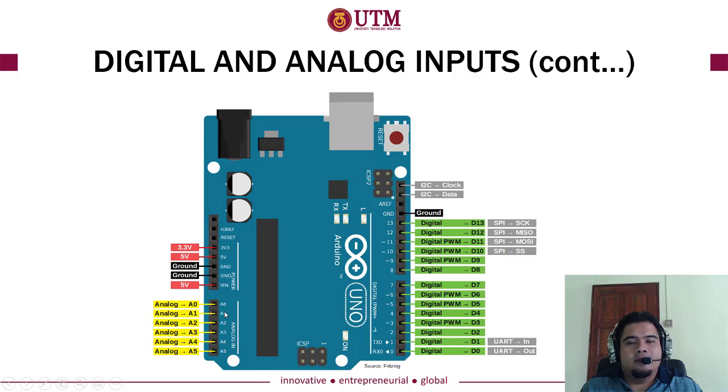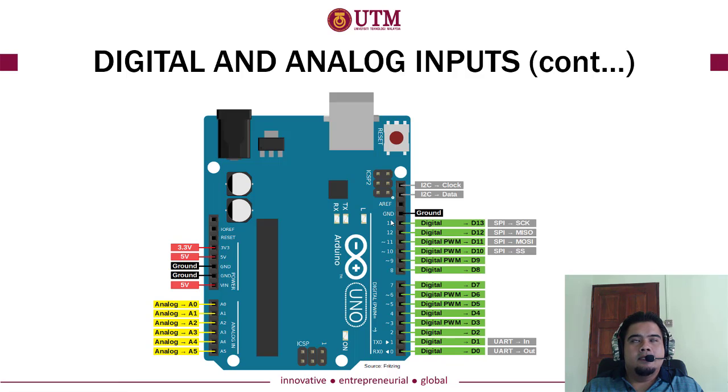If you want to do something that requires an analog input, then you need to use these ports. However, if you want to make a design where you need a digital input, then you need to use the ports from 0 to 13.